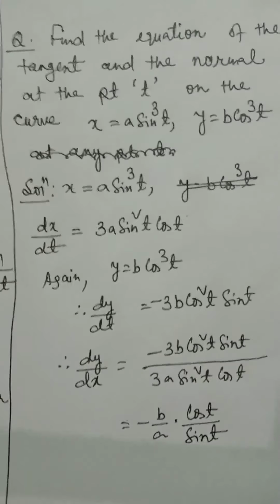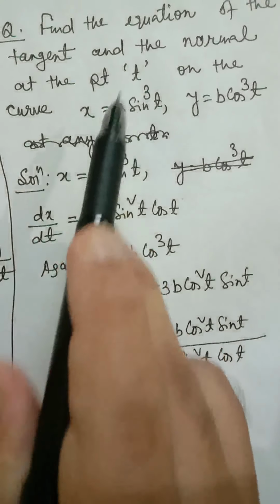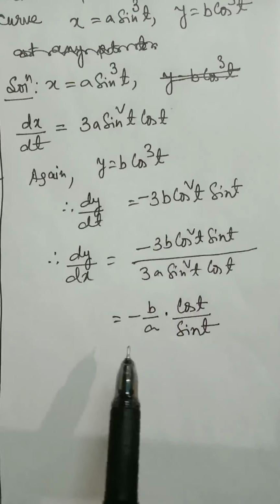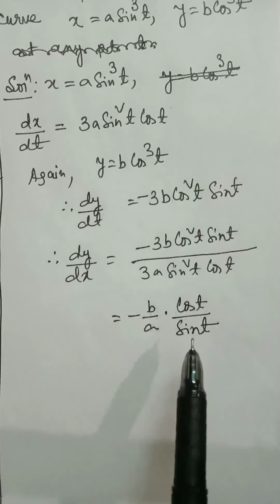So this is our dy by dx. Here no fixed value of t is given, so we find the equation of the tangent at any arbitrary point t. So dy by dx equals minus b by a cos t by sin t.